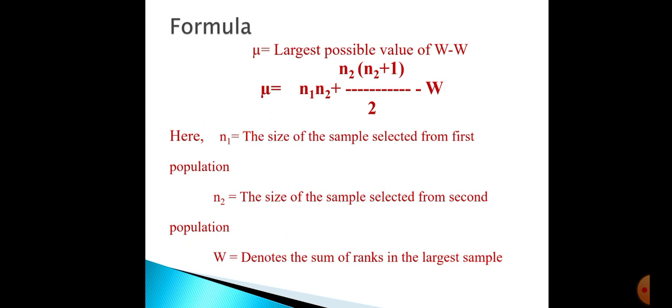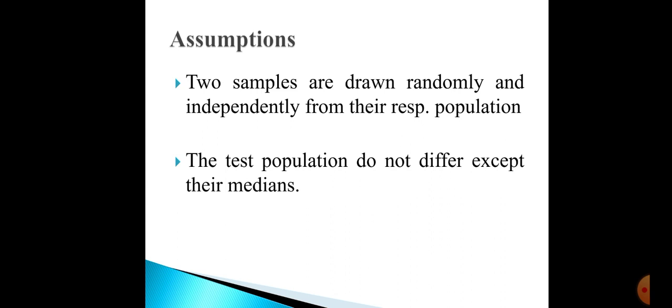Now you can identify with the help of an example how W or U or N1 and N2 can be used. Here we have to assume that the two samples are drawn randomly and identically from their respective populations, and the test populations do not differ except in their medians.